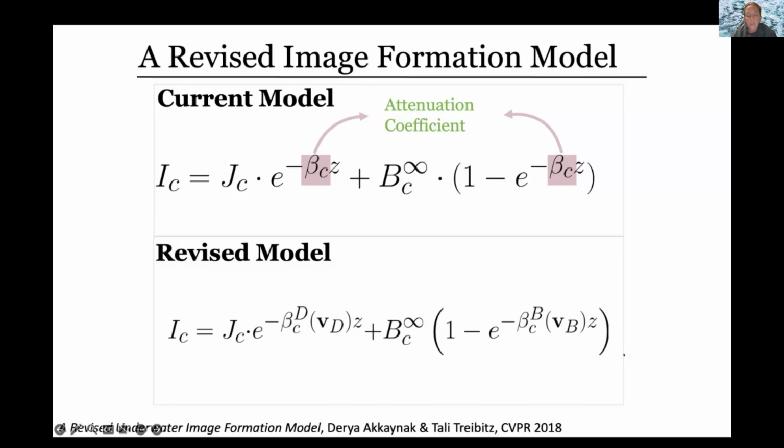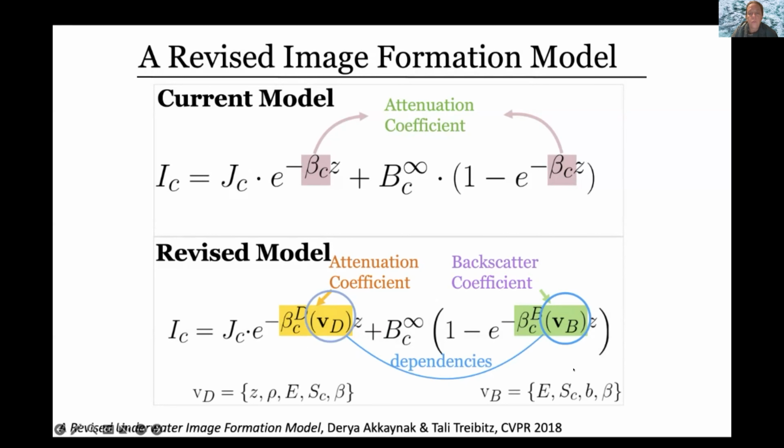The main differences between the models are that here the attenuation coefficient was the same. We showed that underwater it's not the same, and also that the coefficients have some dependencies, so they're not exactly uniform in the scene. I'll just say a word why it happens. Underwater, these coefficients have a strong dependency on the wavelength. When you look at the images themselves, in image space, we look at RGB channels, so each channel integrates a range of wavelengths.